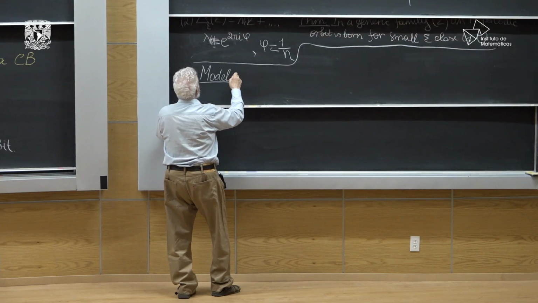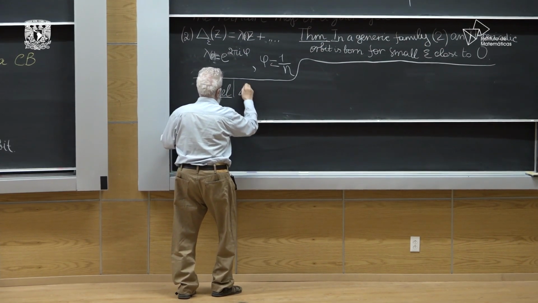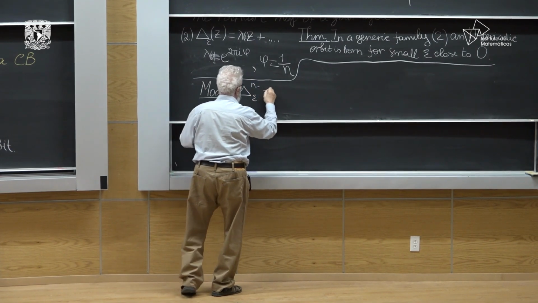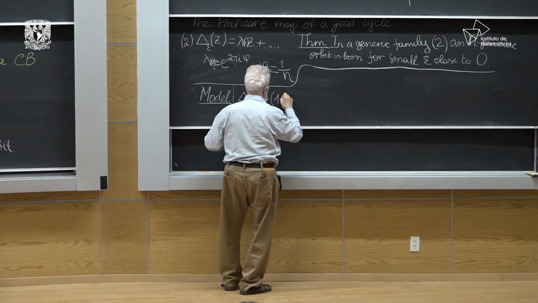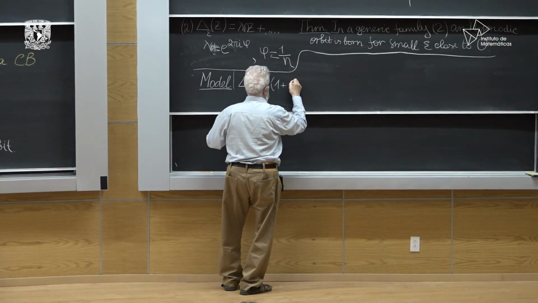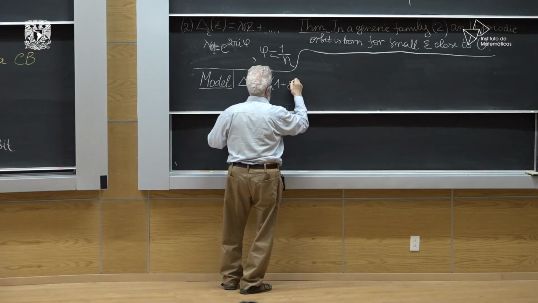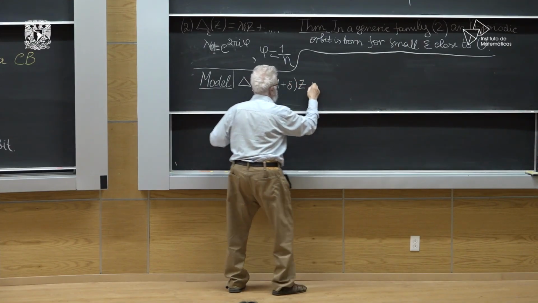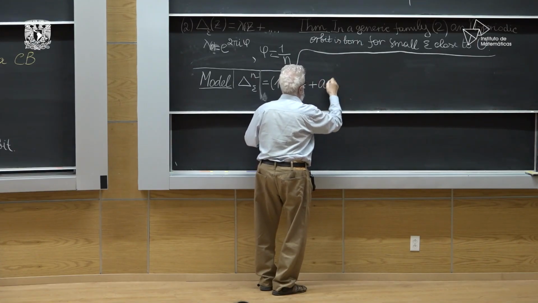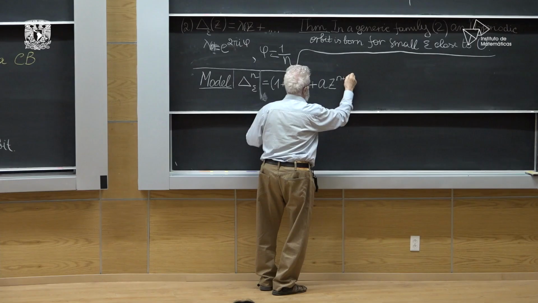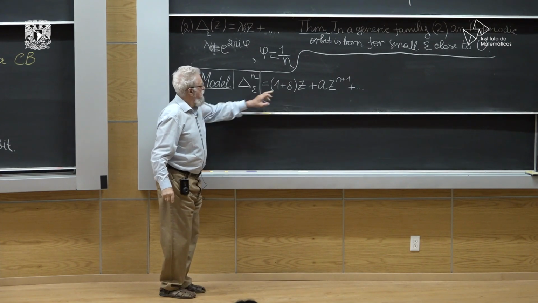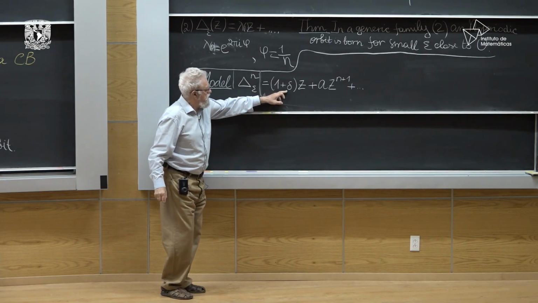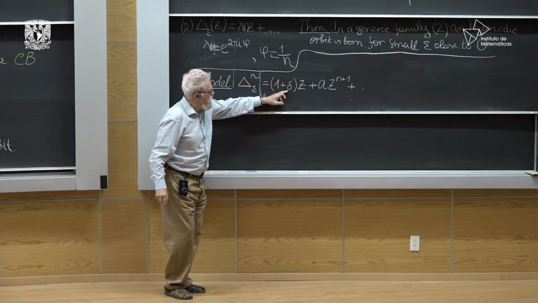It appears that the map delta epsilon to the n equals 1 plus delta times z plus, what is important, a z to the n plus something like that. This delta depends on epsilon, and it is 0 when epsilon is 0.